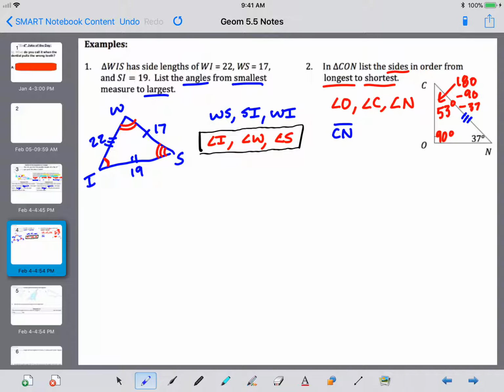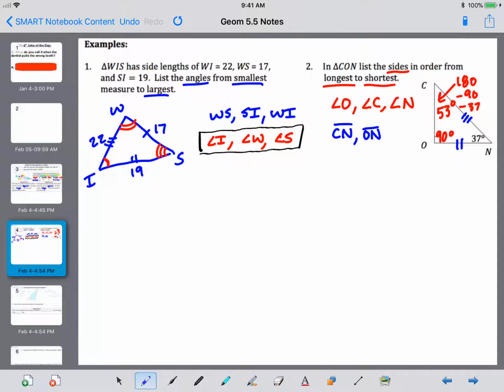My next biggest angle was angle C, and across from that is side ON. And then my smallest angle is angle N, and across from that is CO. So these are my three side lengths from longest, CN, to shortest, CO.